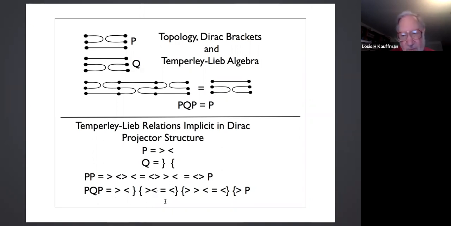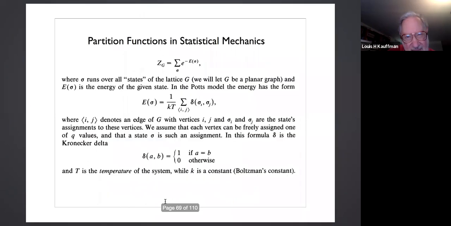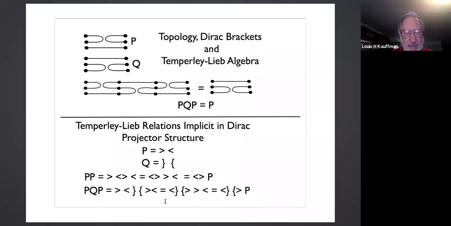So I get that PQP is a multiple of P, and I'll get that QPQ is a multiple of Q. So the Temperley-Lieb algebra actually reaches all the way back into the structure of simple projectors on vector spaces, and it has a lot of life of its own in some physics directions, which we may also talk about. That's a good place to stop.